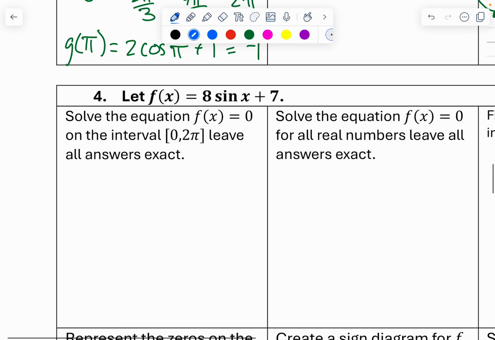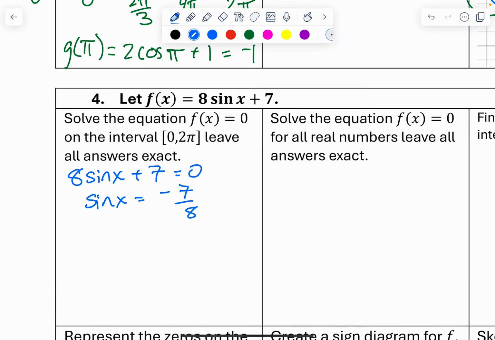When I set 8 sine of x plus 7 equal to 0, I get sine of x equal to negative 7/8. Well, that is not unit circle friendly, but now we have started learning how to use the inverse sine. So we will say x is equal to inverse sine or arcsine, you could write either one, sine to the negative 1 of negative 7/8.